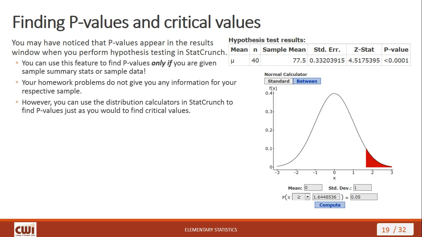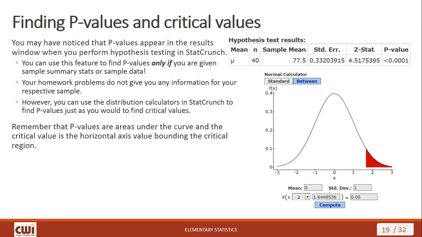So if we have one of those, we can find the other for each of those pairs. Remember, p-values are areas under the curve. So we have to compare them with alpha, because alpha, the significance level, is also an area under the curve. The critical value is the horizontal axis value bounding the critical region. We compare that with the test statistic because it is the value that bounds the area that makes up the p-value.